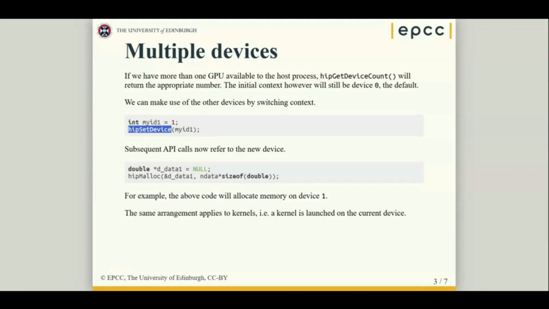When we do that, we can say if we want to use the GPU whose ID is 1, we do hipSetDevice 1, and then I do all of this. When I do all of hipMalloc, hipMemcpy, kernel launch, etc., we will use the GPU whose ID is 1, the same as with the 0.